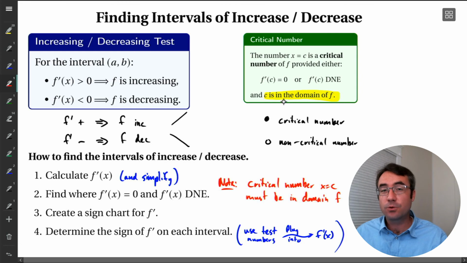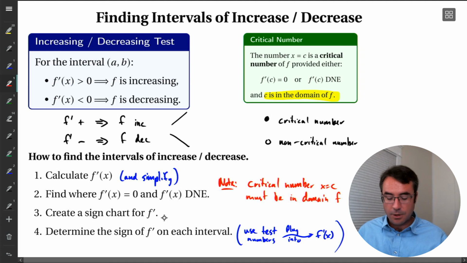For it to be truly a critical number, it has to meet one of those conditions, but it also has to be in the domain of our function. But for the purposes of finding intervals of increase and decrease, we're not entirely interested in whether it's in the domain. We're interested in whether the derivative is 0 there, or the derivative is undefined. All right, so just something to keep in mind.